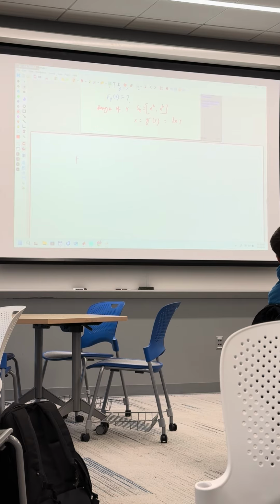Now I'm going to directly write F sub y, which is by definition the probability that Y is less than or equals y, which is the probability that e to the X is less than or equals y, which is the probability that X is less than or equals, you take the logarithm, natural logarithm of y, which is F sub x, where the argument is going to be the natural logarithm of y.